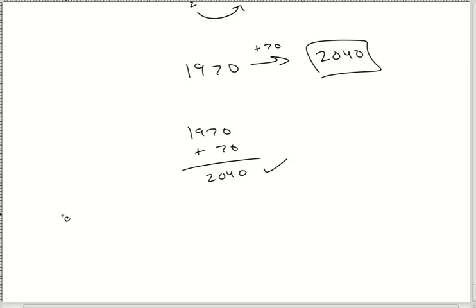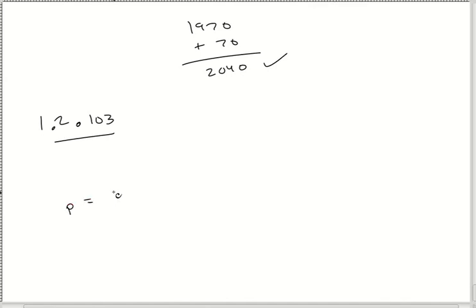And I've got one last question here, 103. So I have P is equal to 0.7x minus 0.8, all divided by 0.7x plus 0.1.